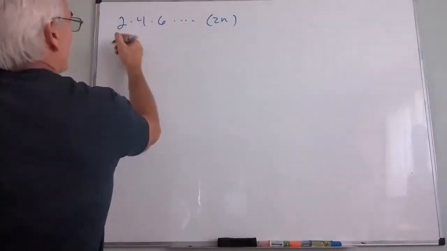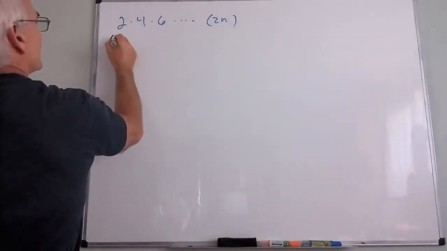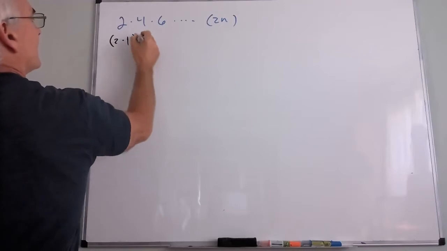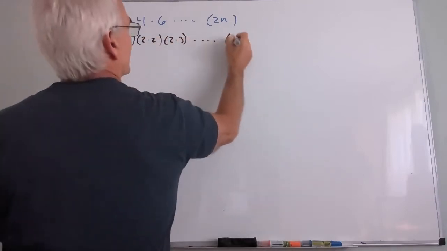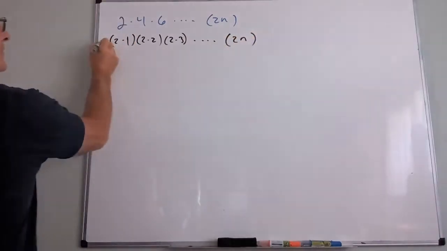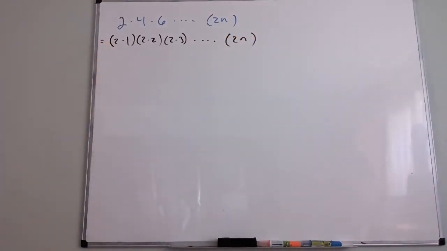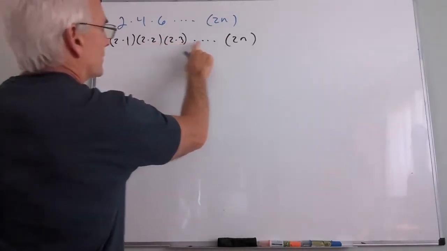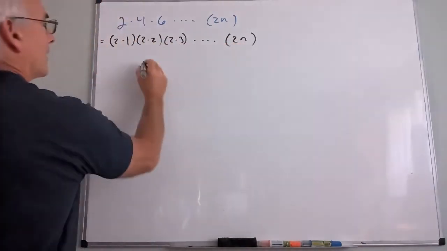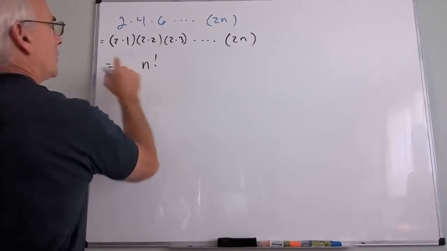Okay. How about if I wrote it like this? 2 times 1, 2 times 2, 2 times 3. Is that the same thing? Can I say that? Yes. Do you see a factorial in there? 2 times 2 times n factorial.